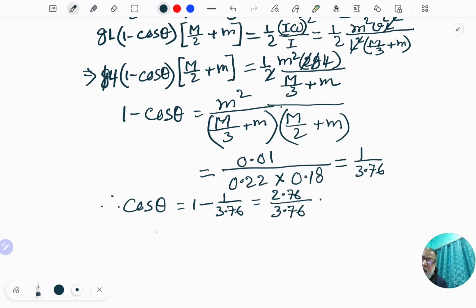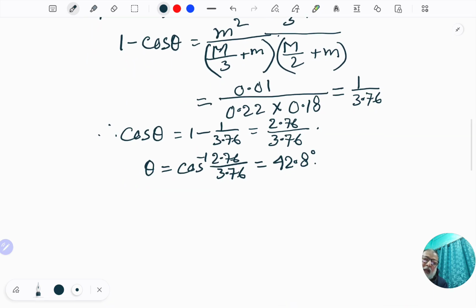You get theta immediately, which is cos inverse of 2.76 by 3.76, and you can check in your calculator that it comes to 42.8 degrees.